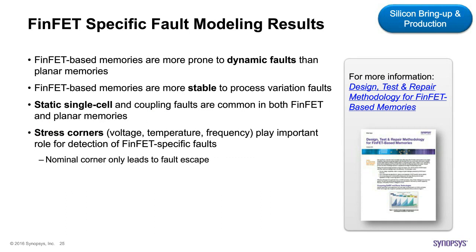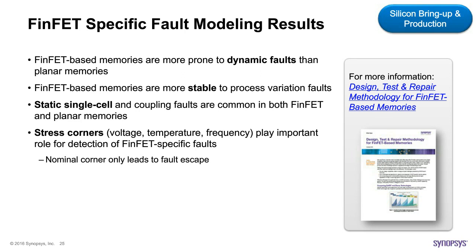The fins can be, some of which can be broken or not, some of which can be shorted or not, in a resistive way. That gives us the necessity to have dynamic nature in our tests. Okay? So while the static nature is still there, as in the planar technology, we need to have the dynamic faults as well. In the 16 and the 14 FinFET, we saw the risk of lesser risk of process variation.